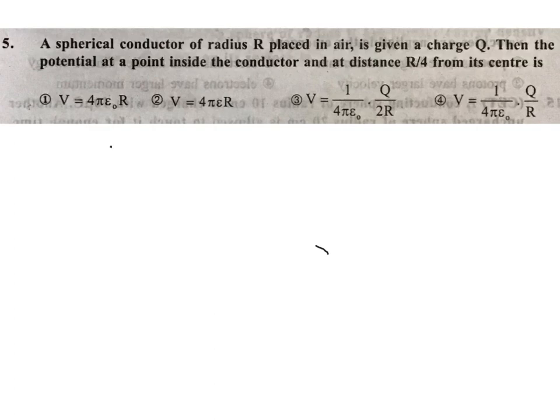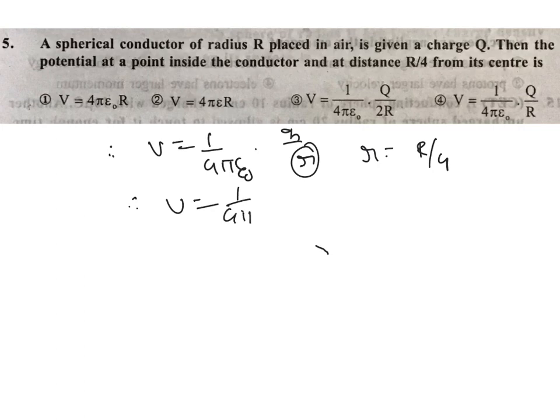So I can say that V is equal to 1 divided by 4 pi epsilon naught into charge per distance, that is the concept. Here the distance is nothing but R. I can take V equal to 1 by 4 pi epsilon naught into the charge Q divided by R itself, because the potential is constant inside the spherical shell.